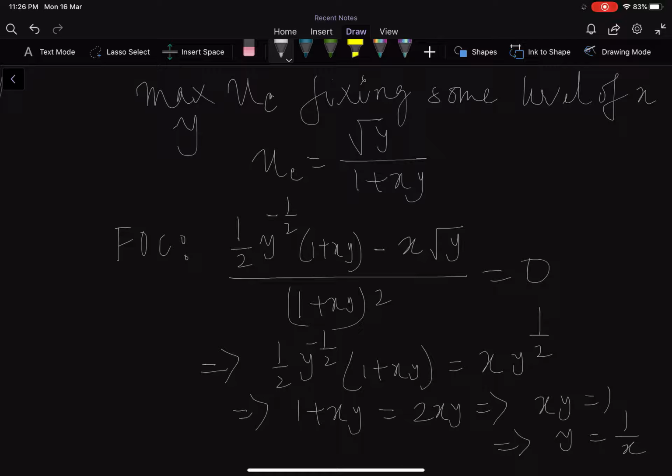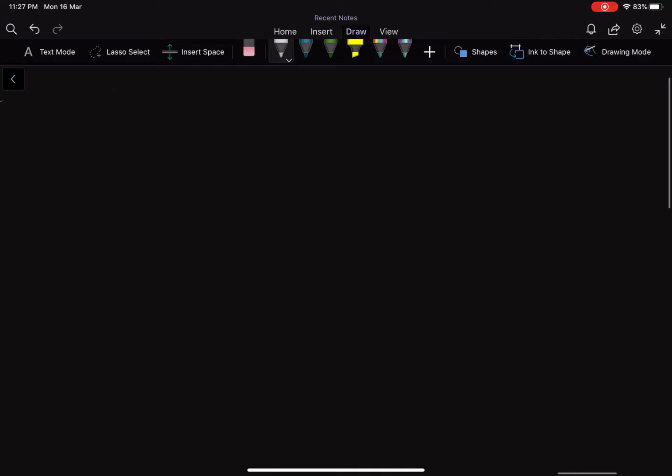This is the best response function of the criminal. So the best response of the criminal, which depends on x, is just 1 by x.